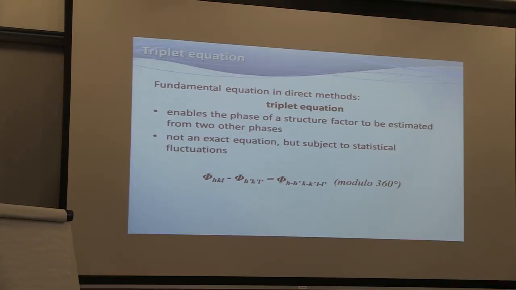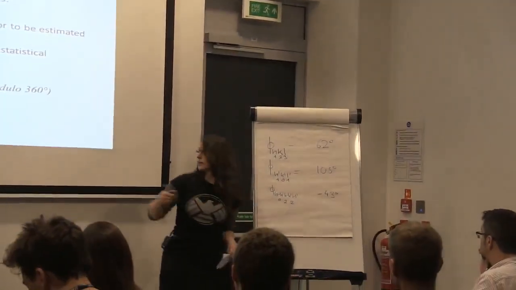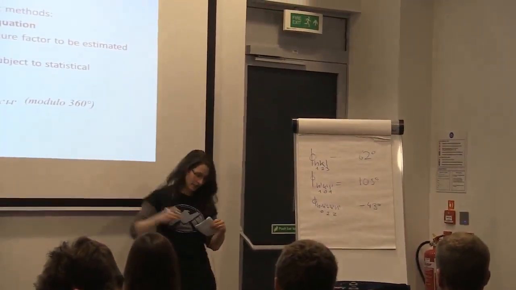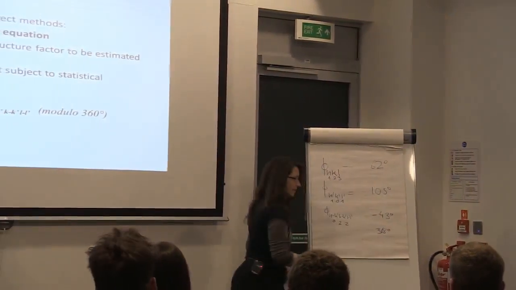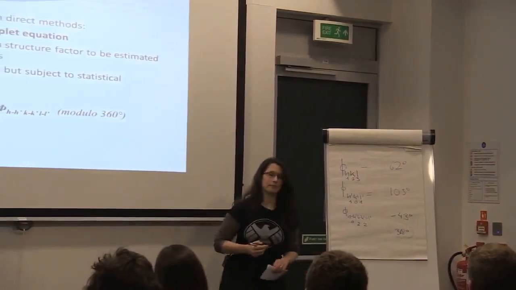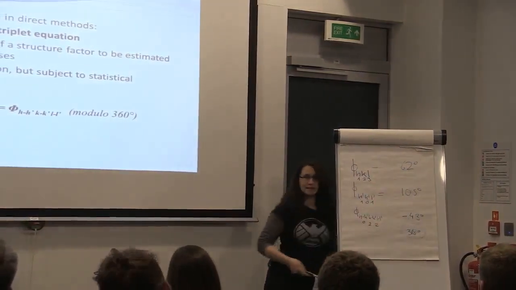So this would be 0, 2, 2. That's the reflection we are looking at here. And if the phases would be 62 degrees for this one and 105 degrees for this one, well, that one would be minus 43 degrees. And it's modulo 360 degrees, so it's actually 318 degrees, if you want it as a positive number. And that is how we can calculate from those two phases a third phase. That's how it works.